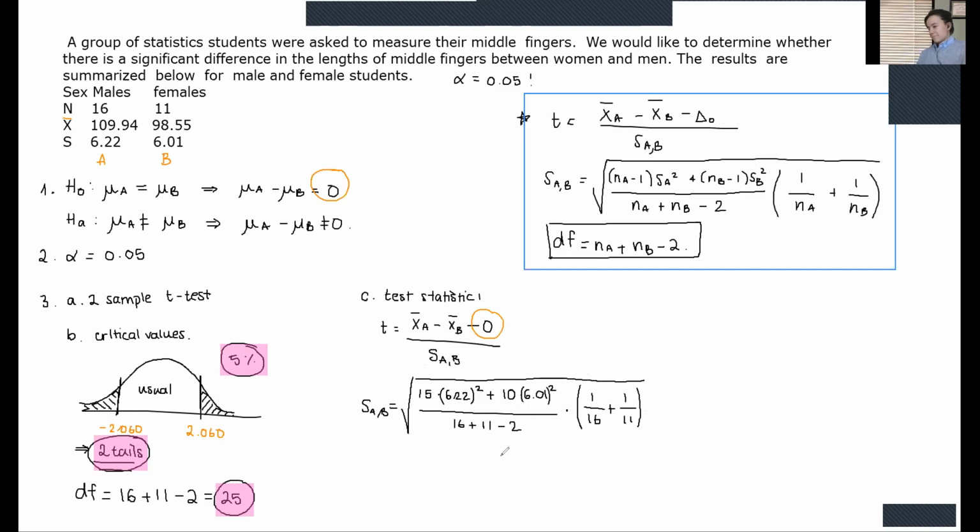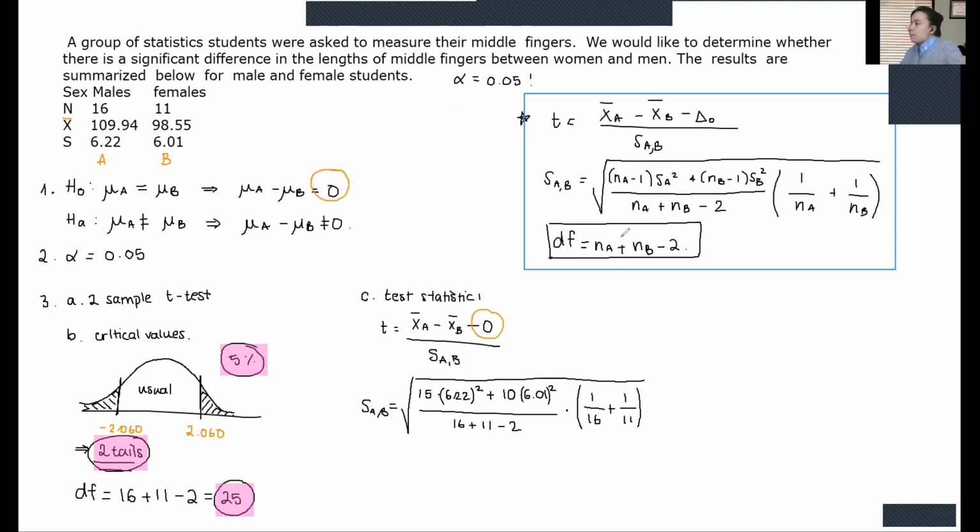Why on the numerator is it 15 and 10, but then on the denominator is it 16 and 11? Yes, so it's from the formula. I'm talking about the formula exclusively. Okay, so over here in the formula, I have NA minus 1. That just means the sample size minus 1.